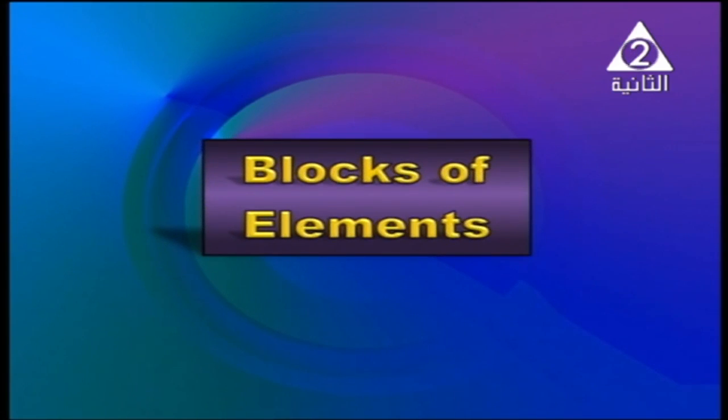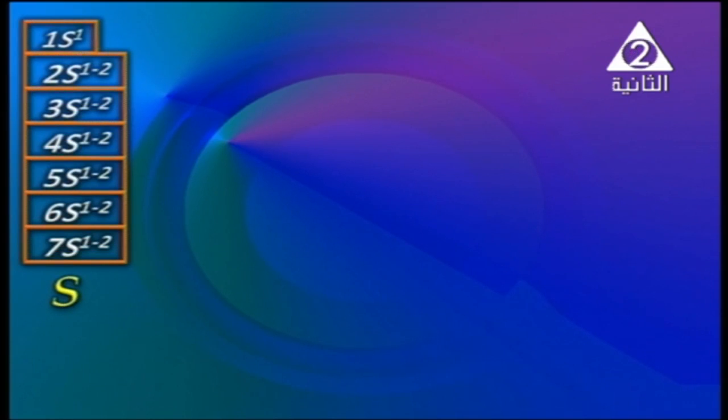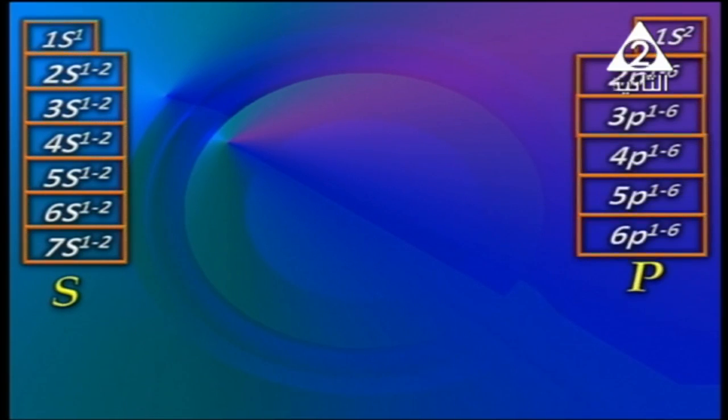Now we are going to discuss the blocks of the elements in the periodic table. On the left side of the table, we see the s block elements. Their electronic configuration ends by filling the s sublevel. On the right side of the periodic table, the elements' configuration ends with the p sublevel, and so we call them p block elements.